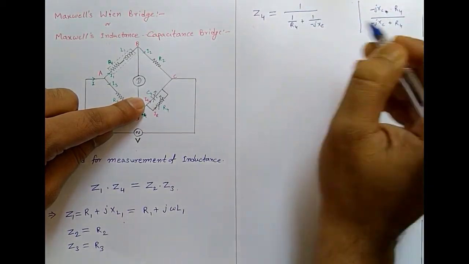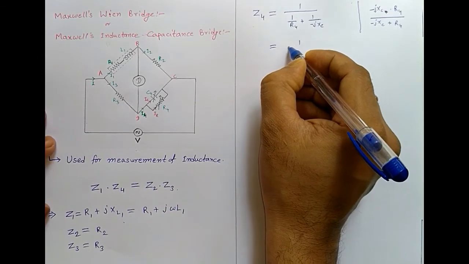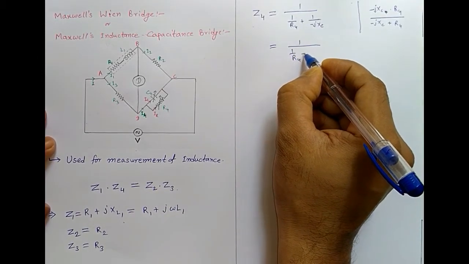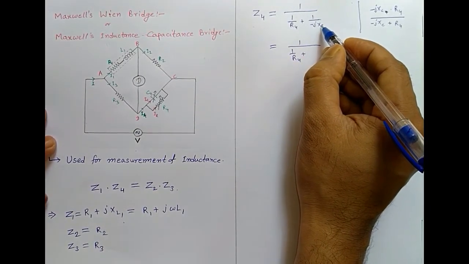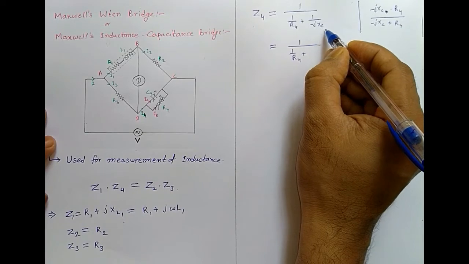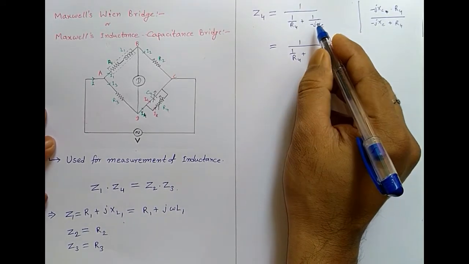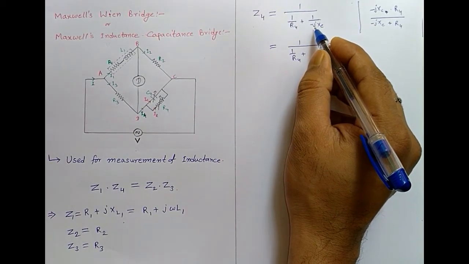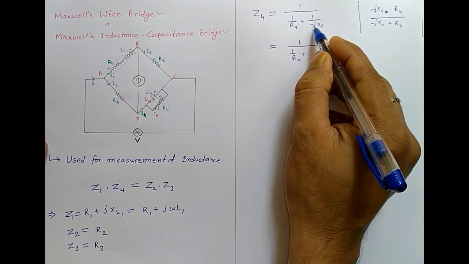So Z4 will be 1 by (1 by R4 plus 1 by minus jXC). Xc is actually 1 by omega C, so this will be omega C, and multiplying both sides by minus j, j square gives plus.